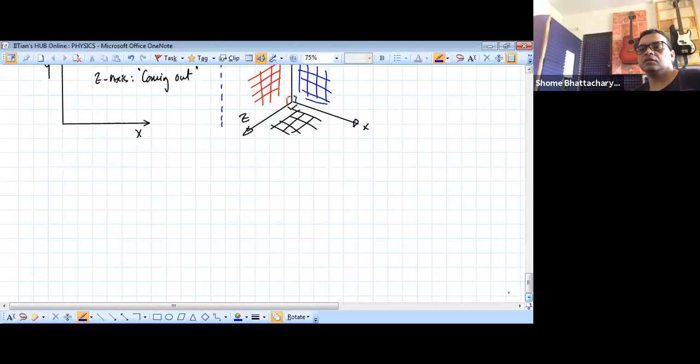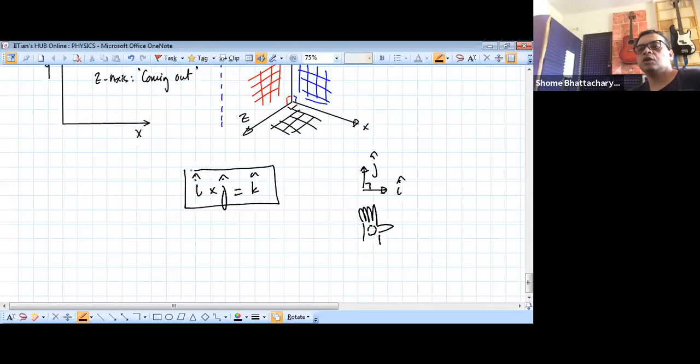If you do the operation i cap cross j cap, what will we get? See, i cap is like this and j cap is like this. You'll have to place your thumb like this and your fingers like this, so your palm is facing outwards. This gives us k cap, coming out of the plane. How do we get this relation?